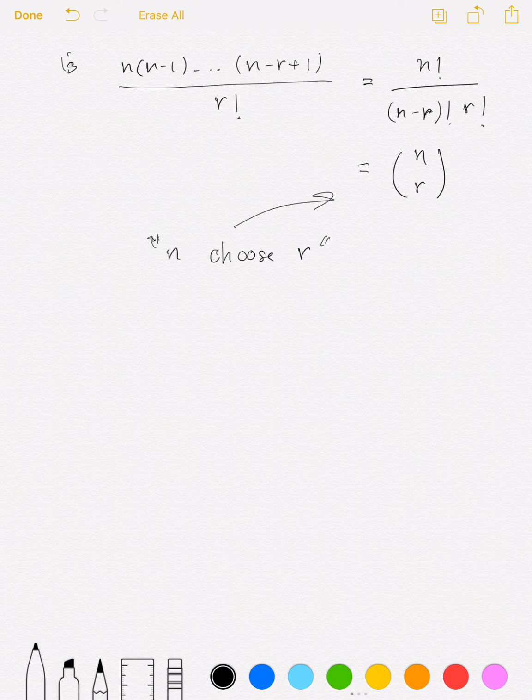That's the terminology. It's how many different ways you can select r objects from n objects. Okay, more examples.